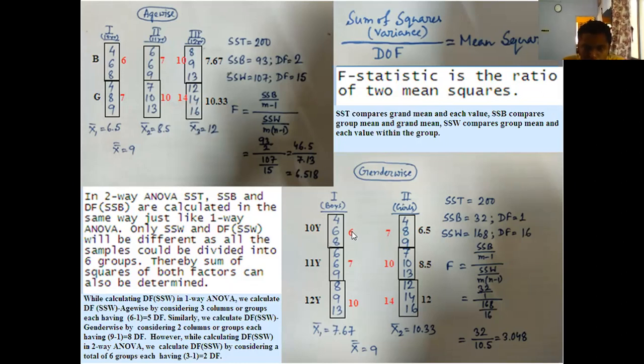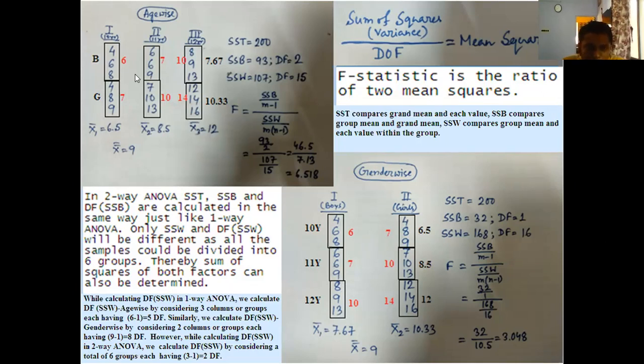what you need to do, if you want to find the sum of square within for two-way ANOVA, is 6 minus 4 whole square, 6 minus 6 whole square, 6 minus 8 whole square, plus 7 minus 6 whole square, plus 7 minus 6 whole square. In this way, you need to calculate the value.